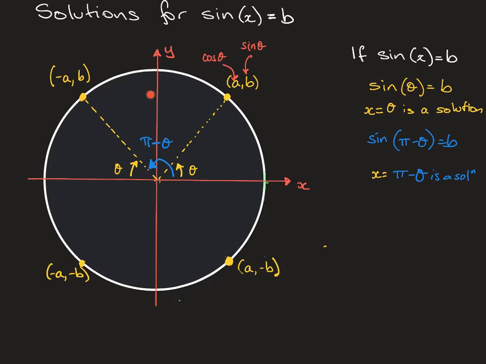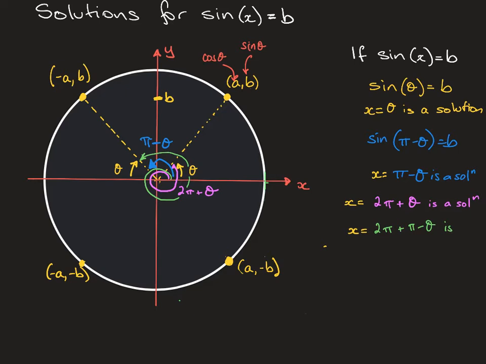Both of these angles have a sine value here that is b, and so they're both solutions, but they're not the only ones. We can continue around to 2 pi and go again, which will give us 2 pi plus theta. That's a solution as well. You can continue on your journey from 2 pi plus theta around to this point again, which will be 3 pi minus theta, which is in fact 2 pi extra added on to pi minus theta.